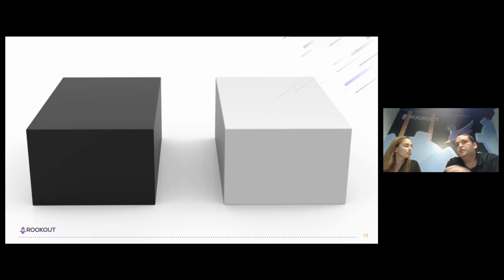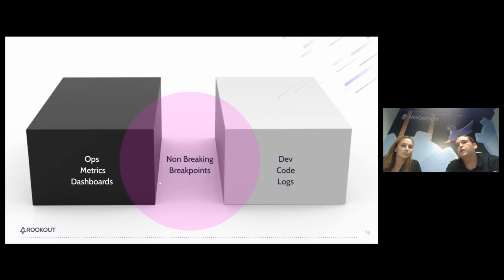So in a sense, what we are doing here is bridging the gap between the dev on the right-hand side, who can see inside the code, who knows what is going on, but does not always have access to the production environment or to the observability pipeline.